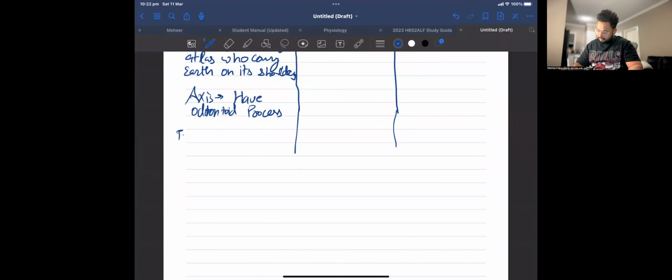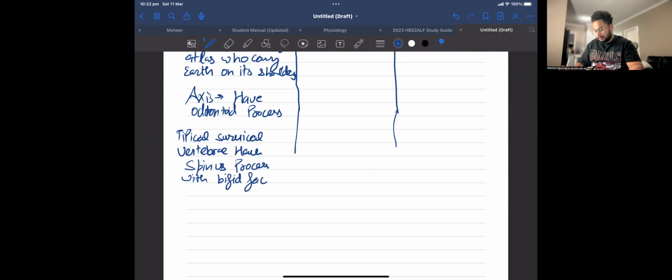So, a typical cervical vertebra has a spinous process with bifid faces.